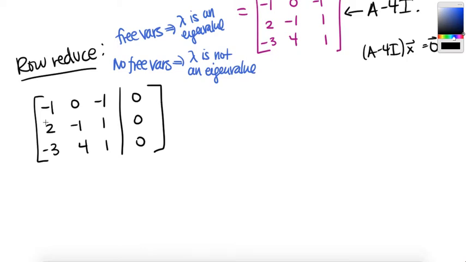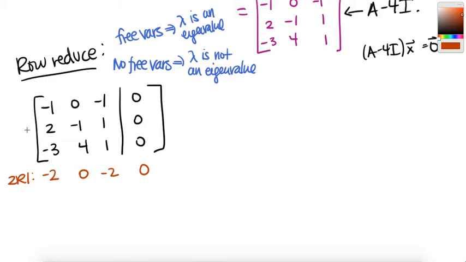Okay, let's see. I am going to use this -1 to clear out this 2. So I'm going to do 2 times row 1. That's going to be -2. 2 times 0 is 0. 2 times -1 is -2. 2 times 0 is 0.